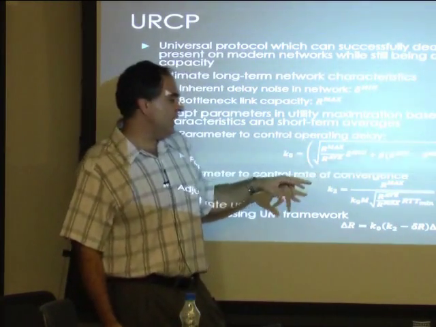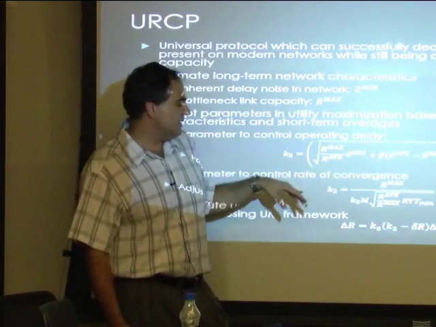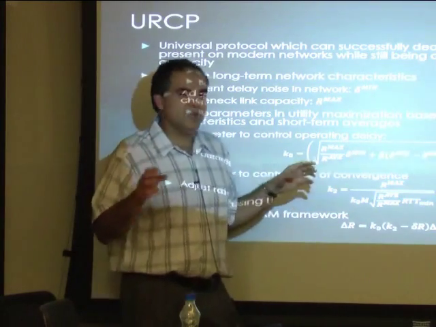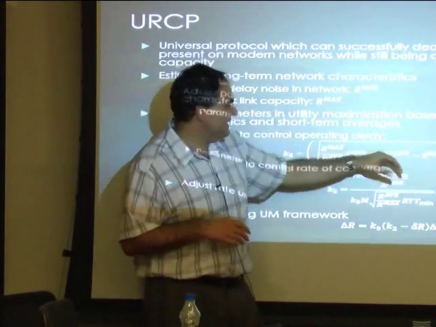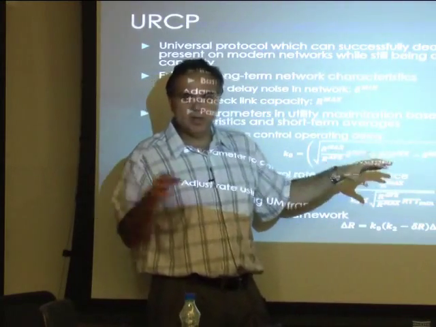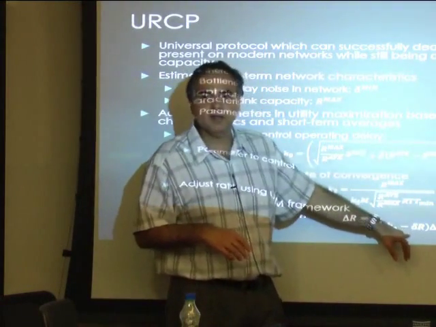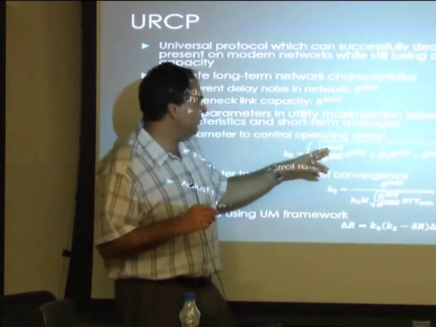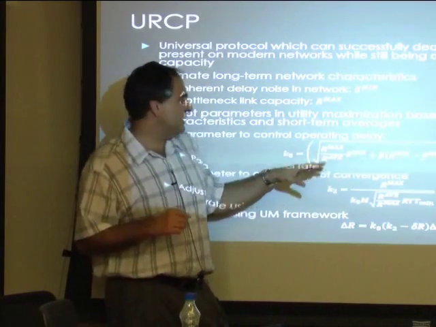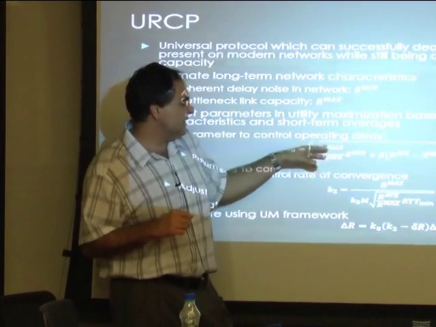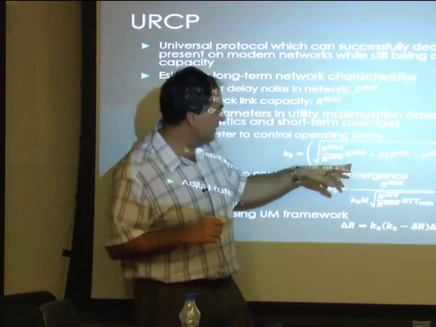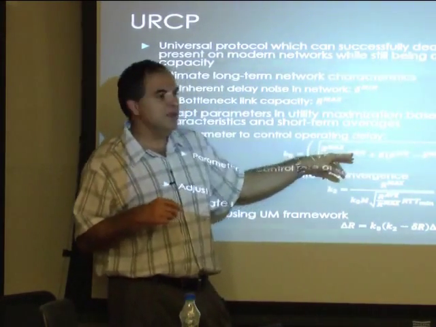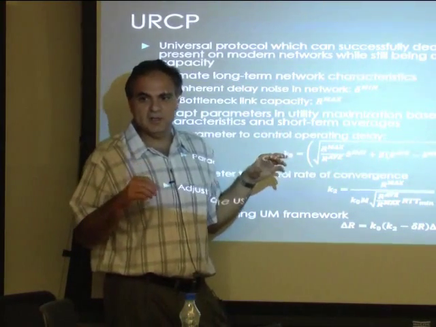With variable K0 and K2, the fairness relies on the fact that, if you think of this delta average, in the long term delta average is going to approach delta, and R average is going to approach R. So the only thing that really matters is that every flow converges to the same value of these two parameters, R max and delta min. If they don't converge to the same values, then fairness is not guaranteed.